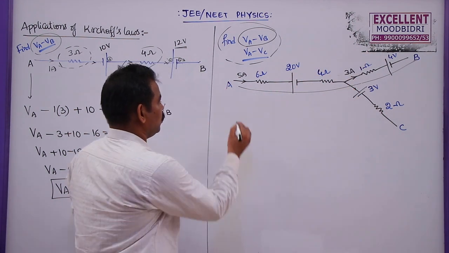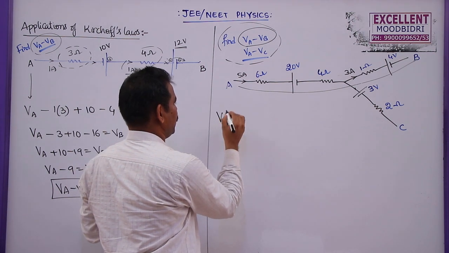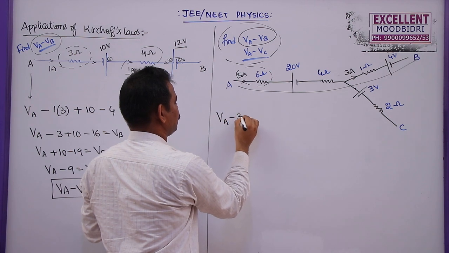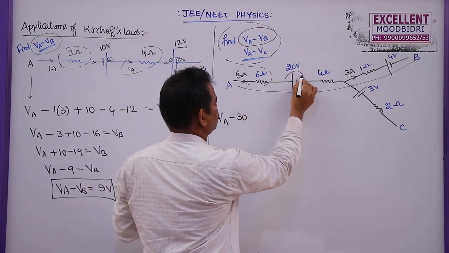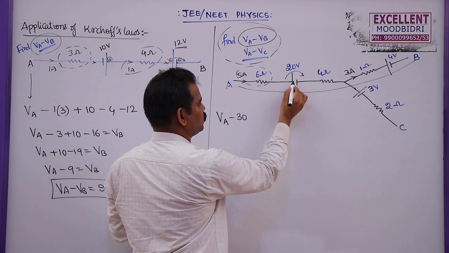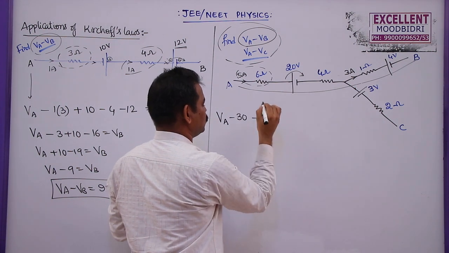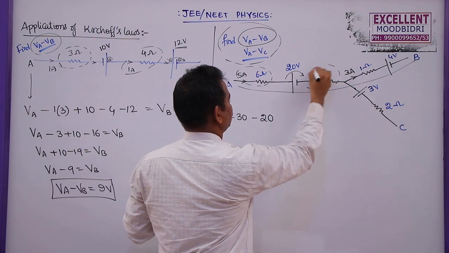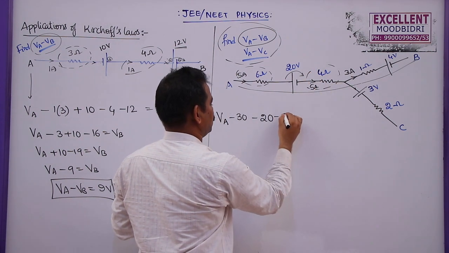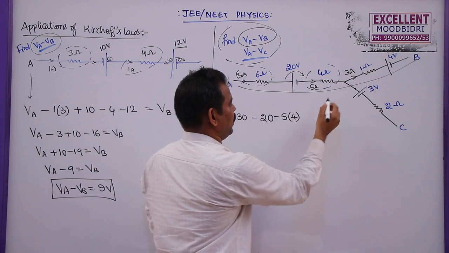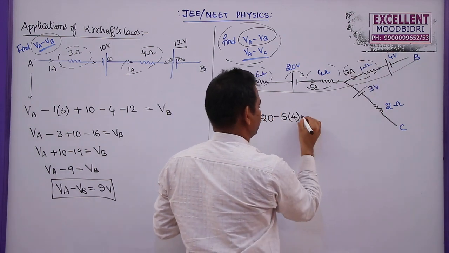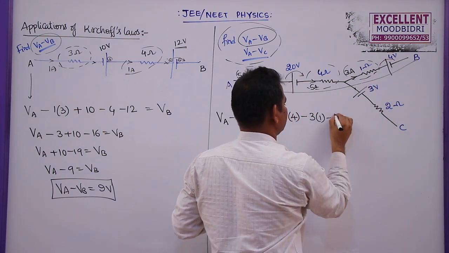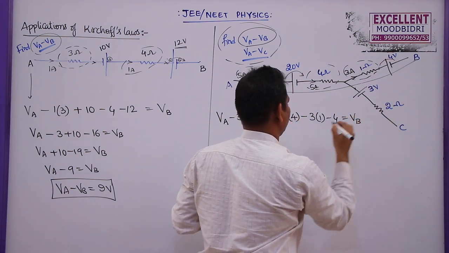Now, this can be written as VA, the current into resistance, 5 into 6, minus 30. Here it is jumping, so it is coming to negative terminal, so it will lose 20 volts here, and then as it is 5 amperes, once again it loses 5 fours, 20, and in this it is only 3 amperes current, minus 3 into 1, and it is losing 4 volts here, is equal to VB.